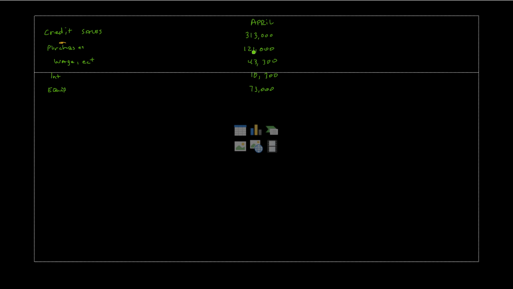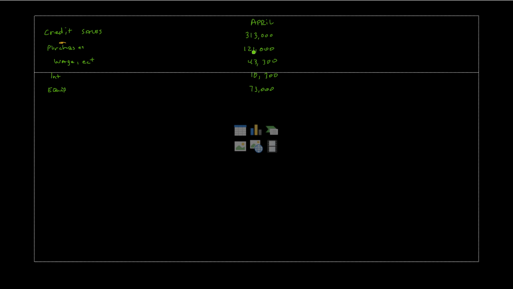They tell us that credit card purchases will be paid in the month following the purchase. They say on March 28th, credit sales were $183,000. Credit purchases were $123,000. Using the information, complete the following cash budget.